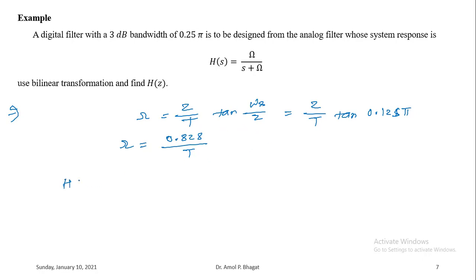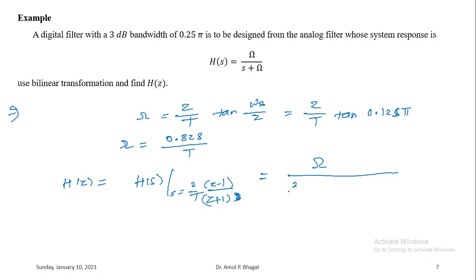Again, by using this bilinear transformation, H(z) can be identified from H(s) by substituting s equals 2 by T, (z minus 1) upon (z plus 1), in place of s. So it will be Omega all upon, in place of s, 2 by T (z minus 1) all upon (z plus 1), plus Omega.